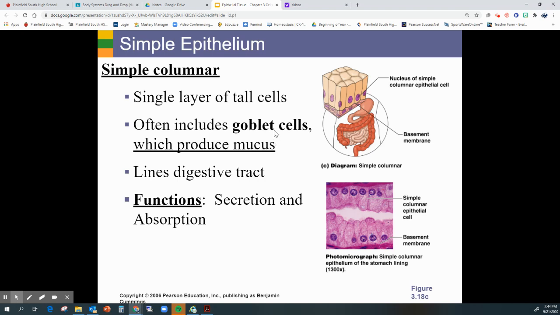The neat thing about these is they have other cells embedded within them called goblet cells. These produce mucus. So we're seeing a lining of the stomach here. These goblet cells are the ones that look like they have the top taken off them. Let me grab a marker. This one right here doesn't have that nice apical surface line like the one next to it does.